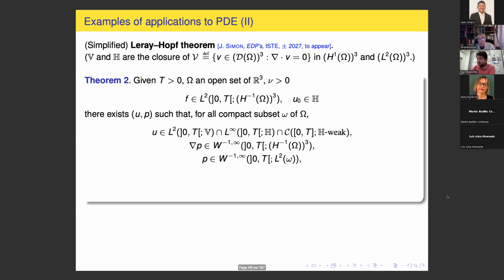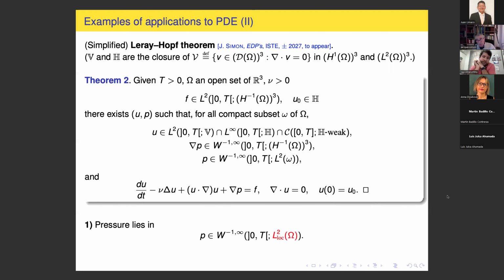And the gradient of P is with values in W minus 1 infinity of 0,T with values in H minus 1 of omega cube. So it is again in this kind of space, which you cannot find if you only consider spaces with values in a Banach space.